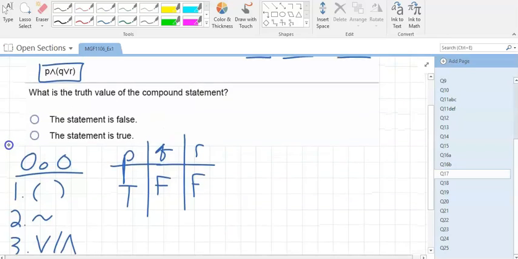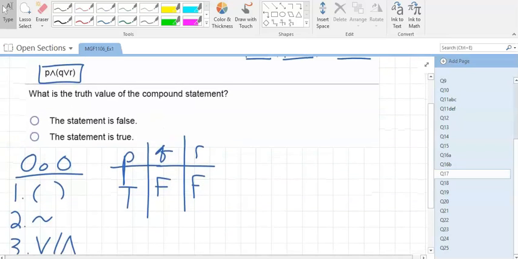So if we look at up here, do we have parentheses? So we need to take care of what's inside of those. Do you see any negations in the parentheses? Nope. Do you see ands and ors in the parentheses? Yes. So the first thing we're going to take care of is the or statement. That is Q or R.